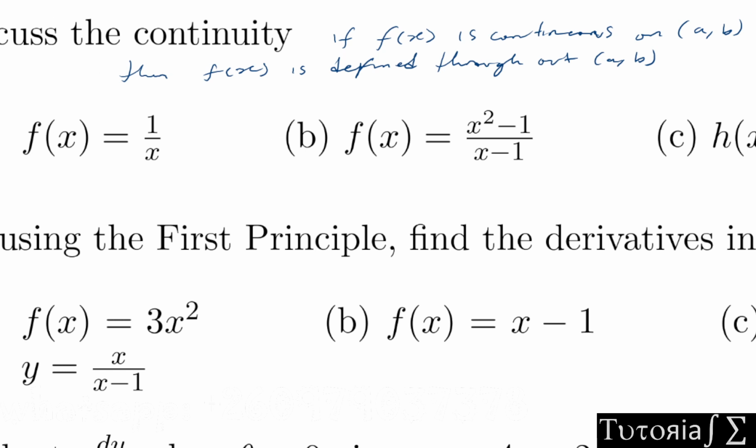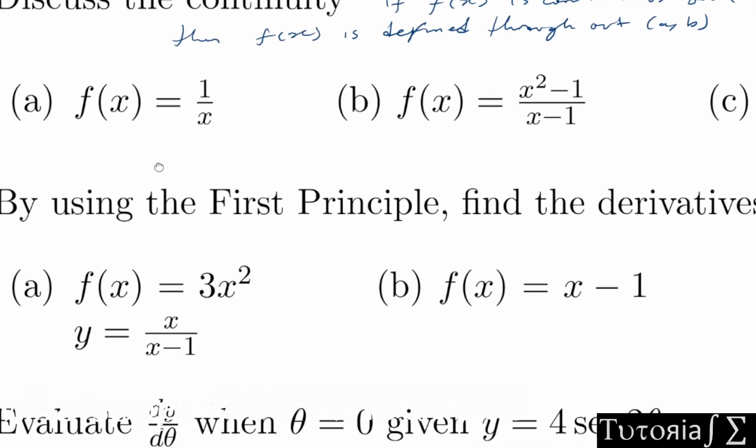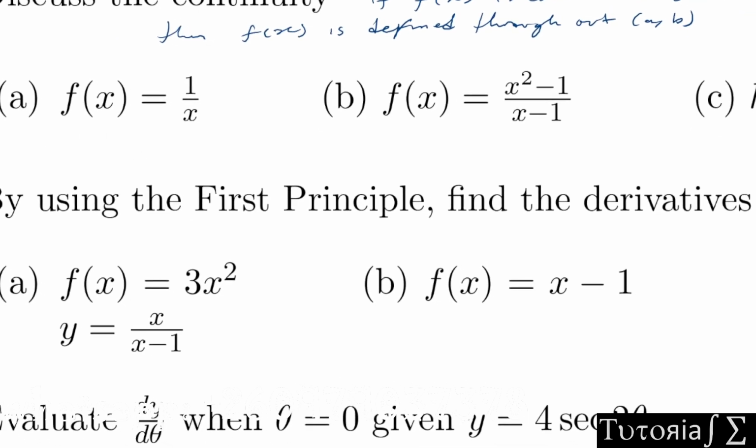Now, discussing the continuity of functions just means that we need to find points where the function is undefined. A function is undefined if its denominator is equal to 0. The definition goes a bit above that, but to determine if a function is continuous or not, we just need to equate the denominator to 0.